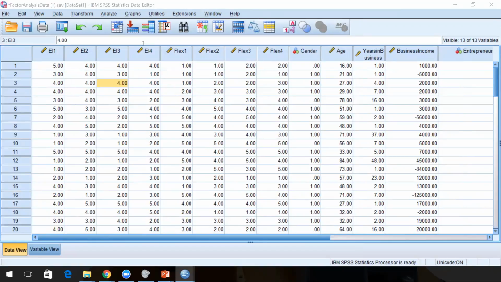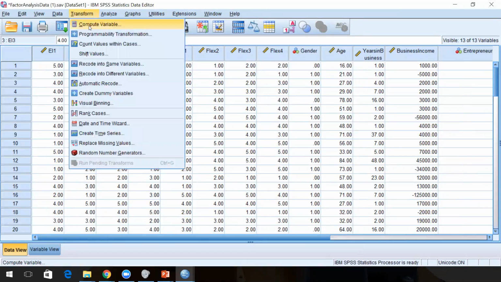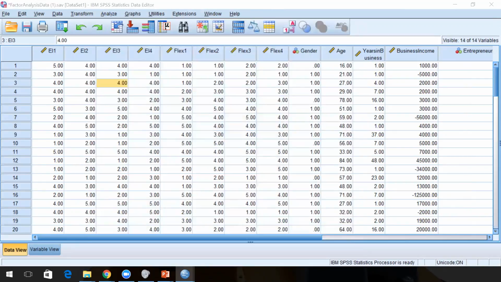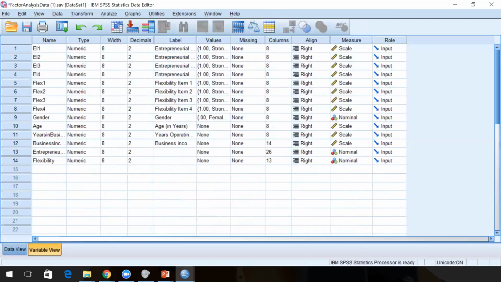So I created a new measure, and then I'm going to create one for flexibility by adding those four together. Okay. And it puts them at the end of our data, in our variable view. I'm going to make them scale. They should be interval.